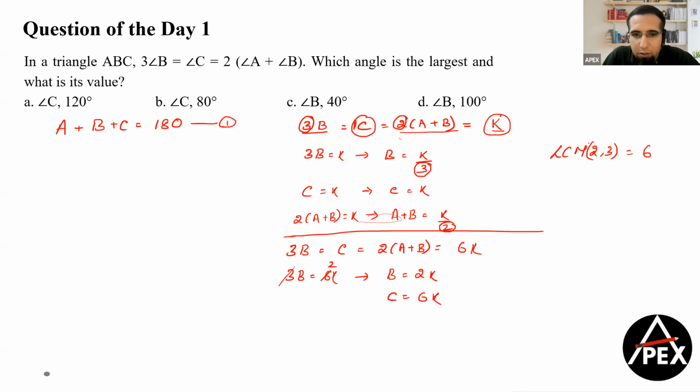And from the third part, 2 ones are and 2 threes are, right? So I can say that angle A plus angle B is equal to 3K. Now we have angle B is equal to 2K. Clear? A plus B is equal to 3K. So if I replace B is equal to 2K, I know that angle A plus 2K is equal to 3K, or this gives me a conclusion that angle A is equal to K. So in short, angle A is equal to K, angle C is equal to 6K, and angle B I know is equal to 2K.